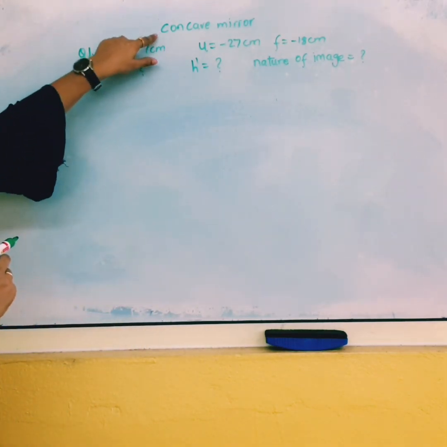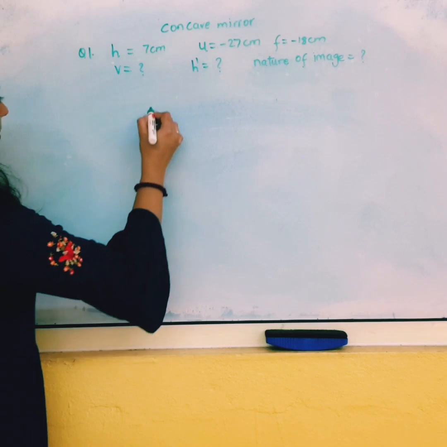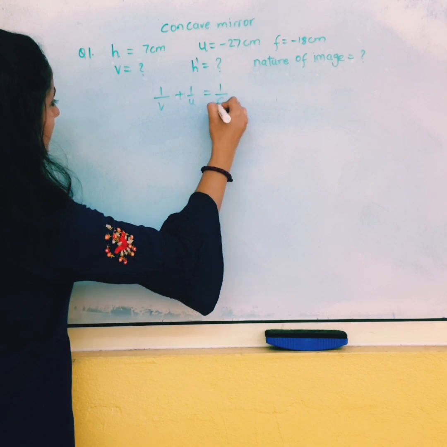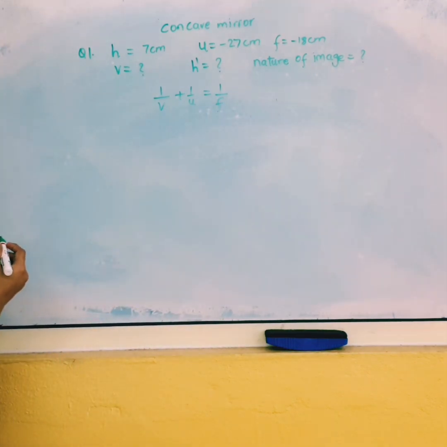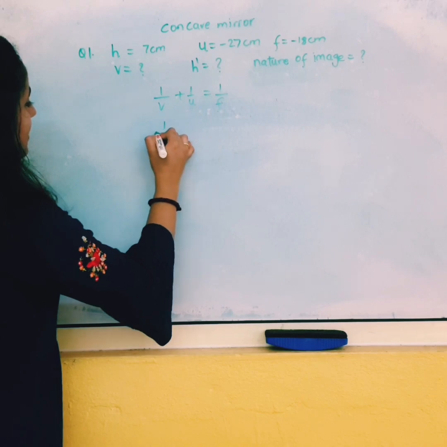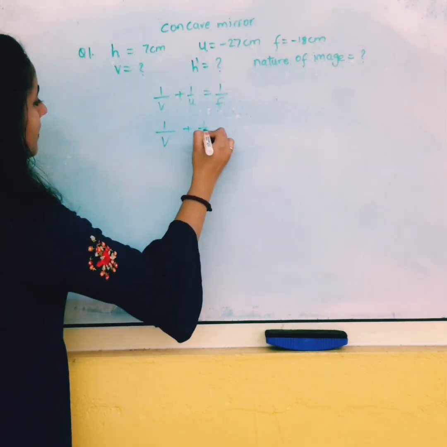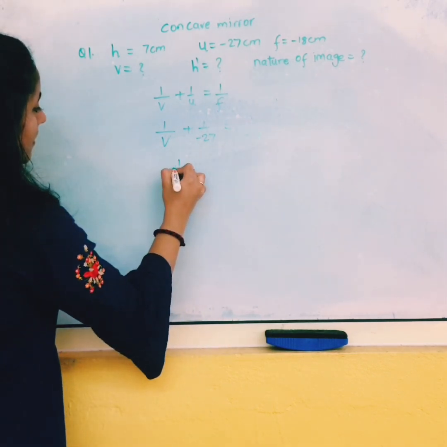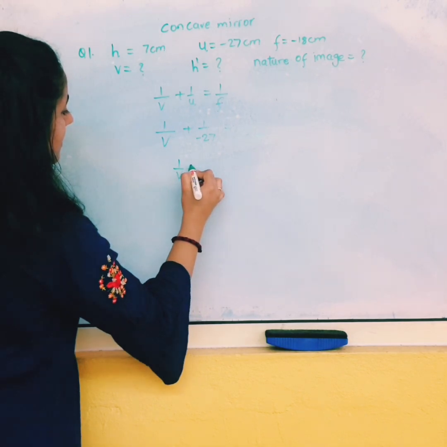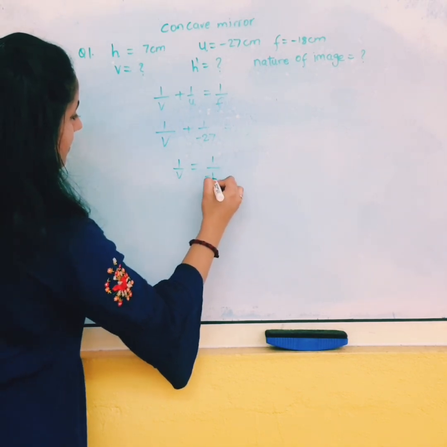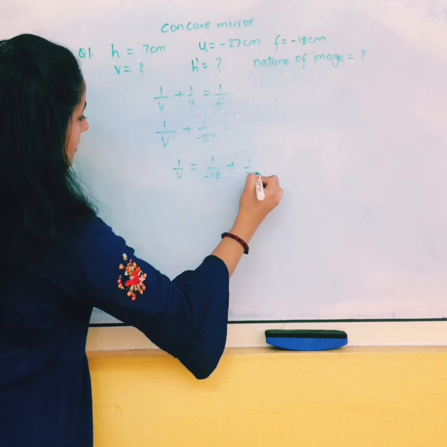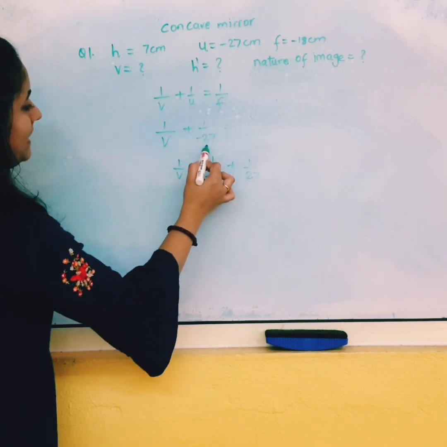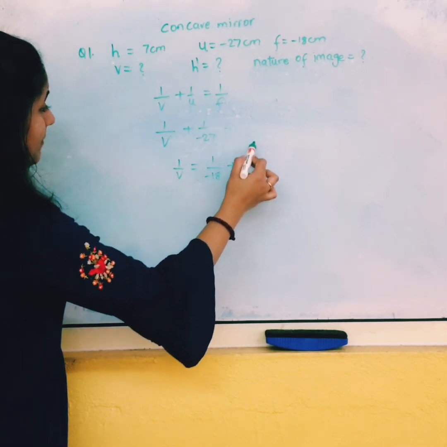As this is a concave mirror, we are going to use the mirror formula, which is 1 upon v plus 1 upon u is equal to 1 upon f. Now let's substitute the values. See, this negative will get multiplied here, so this will be 1 upon v minus 1 upon 27 is equal to negative 1 upon 18.